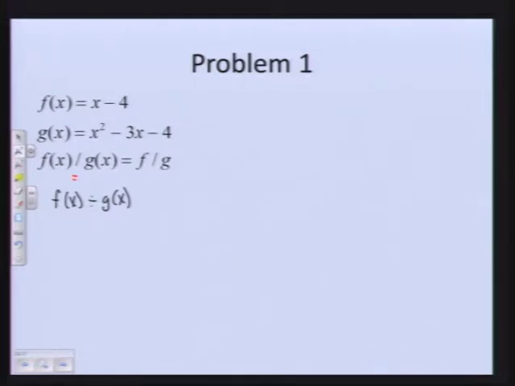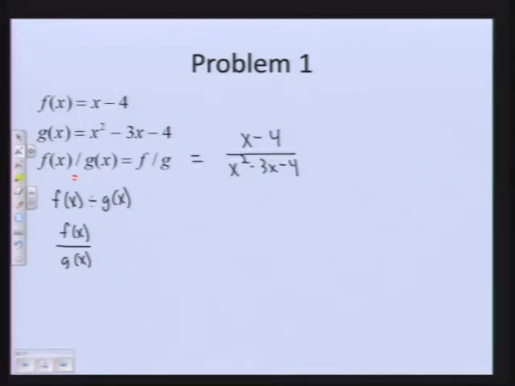The other way this could be written is just formally as a fraction. That is still a division problem. Okay, now in this case we have f divided by g, where f of x is x minus 4 and g of x is x squared minus 3x minus 4.